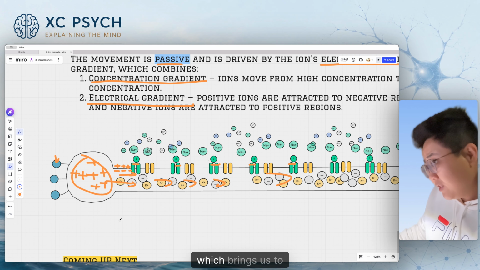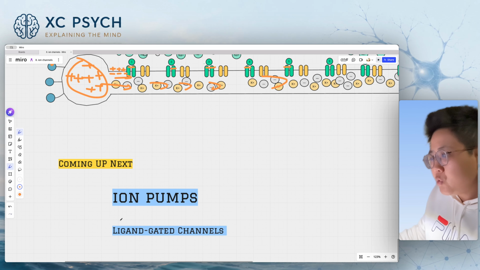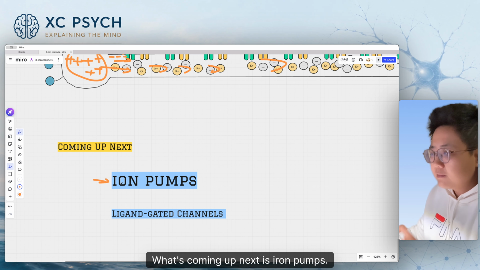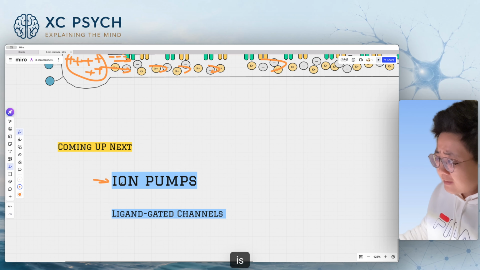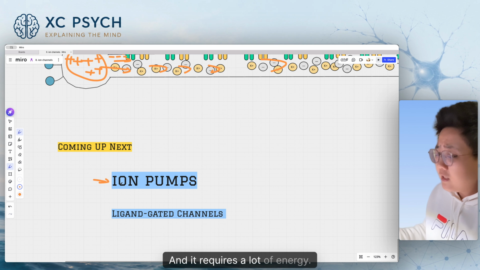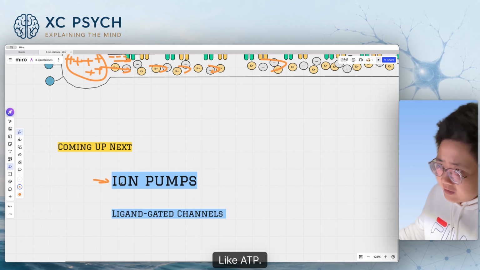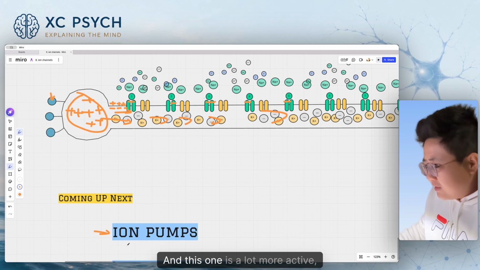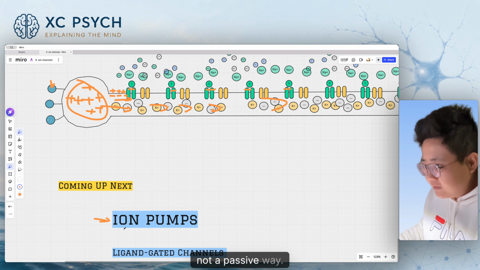Which brings us to what's coming up next: ion pumps. Ion pumps are another way to move ions, and they require a lot of energy, like ATP. Ion channels don't need ATP, they don't need energy. And this one is a lot more active, not a passive way.